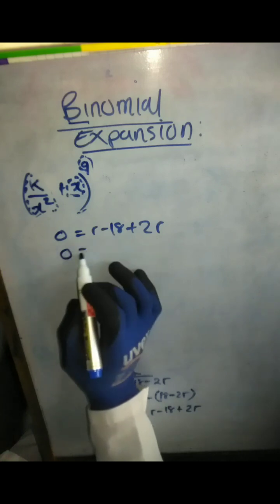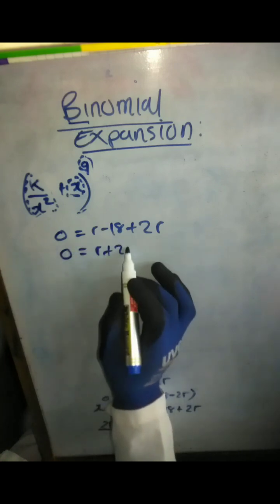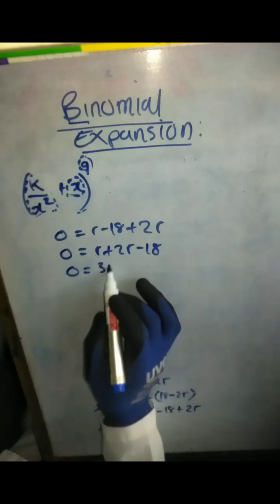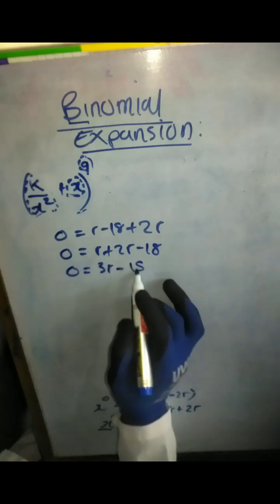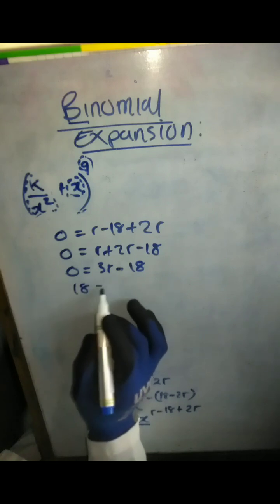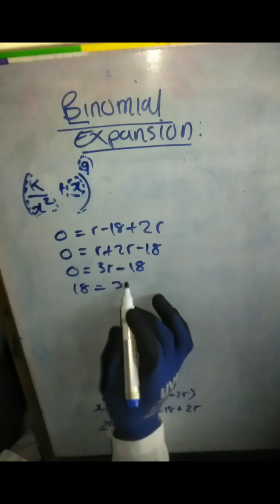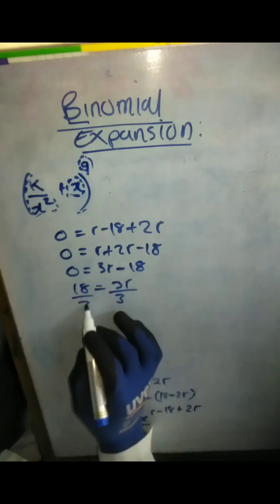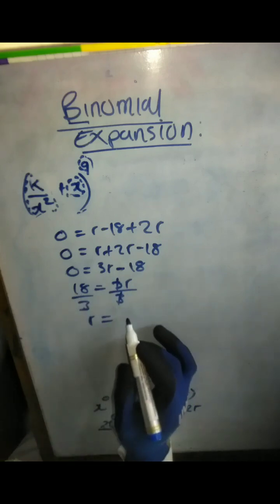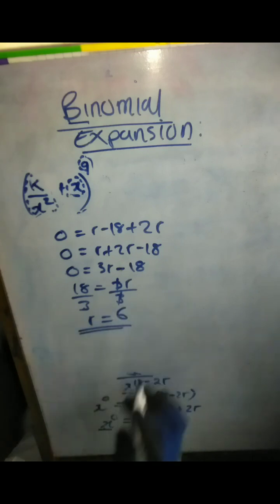So 0 equals r plus 2r minus 18, 0 equals 3r minus 18. Take 18 to the other side, so it becomes positive 18 equals 3r. Then divide by 3, so r is 18 over 3, which is 6.